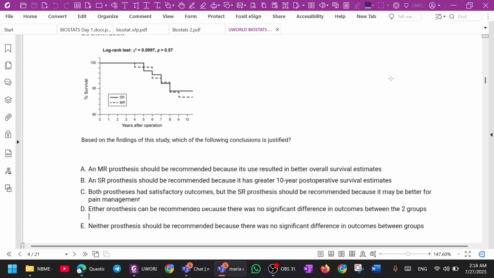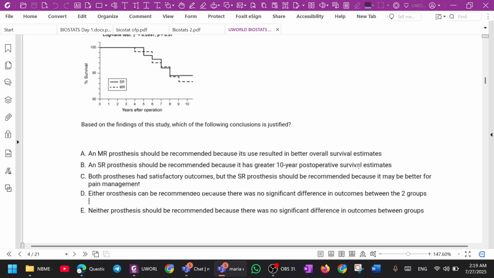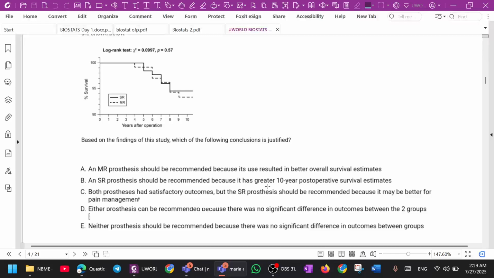I don't know actually. Well, can you eliminate some? Not really, my head is not working. Okay, let's go one by one. MR prosthesis should be recommended because its use resulted in better overall survival estimates.